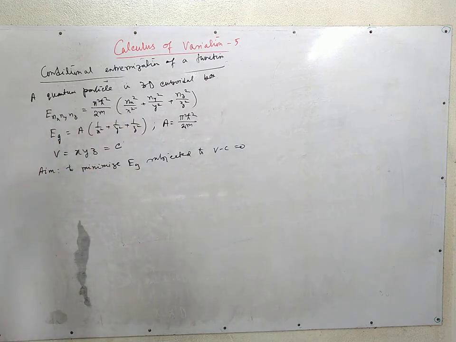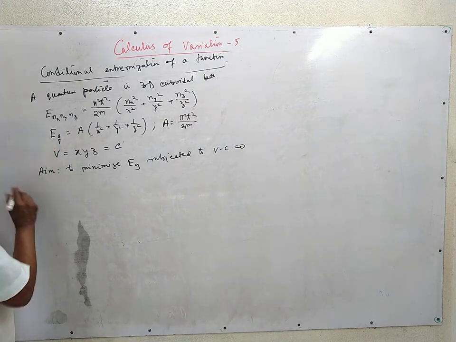So this is a three variable problem, and one condition has been imposed, so two variables can be treated as independent. To find the stationary value, we need to know x0, y0, z0 together with one multiplier.